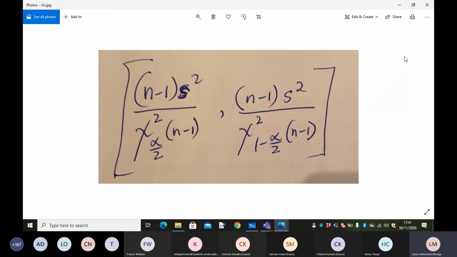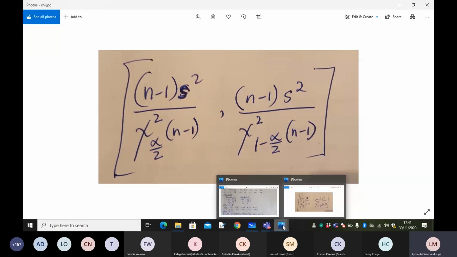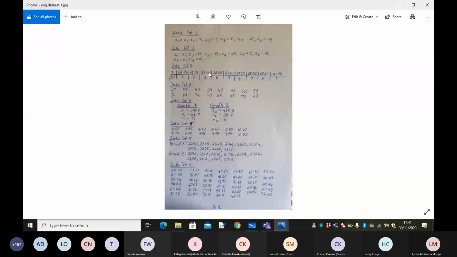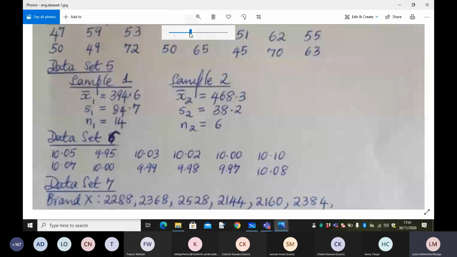So let's look at an example. Consider data set 6, which has sample size 12.